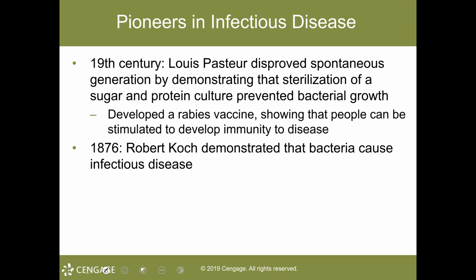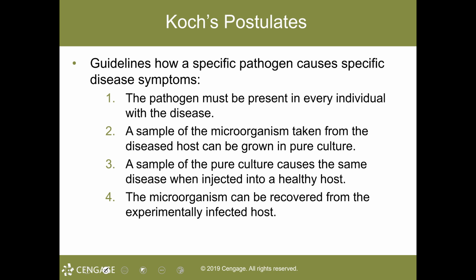And we got to a point in the 19th century where Pasteur disproved spontaneous generation by demonstrating that sterilization of a sugar and protein culture prevented bacterial growth. Also, it led to the development of the rabies vaccine, showing that people can be stimulated to develop immunity to disease. And then, of course, in 1876, Koch demonstrated that bacteria cause infectious disease, which led to Koch's postulates: that a pathogen must be present in every individual with the disease.